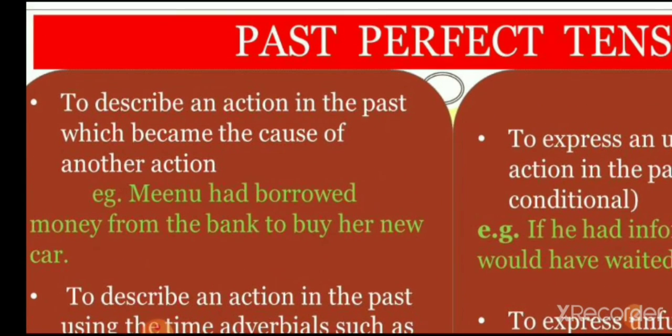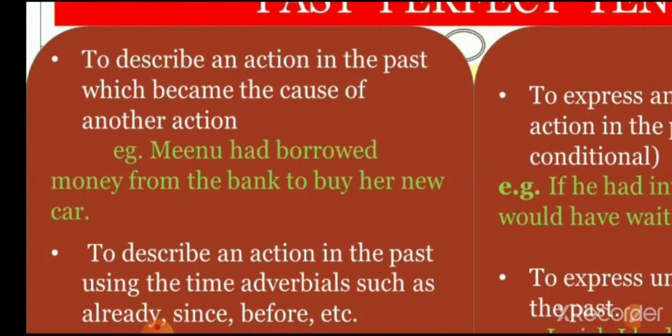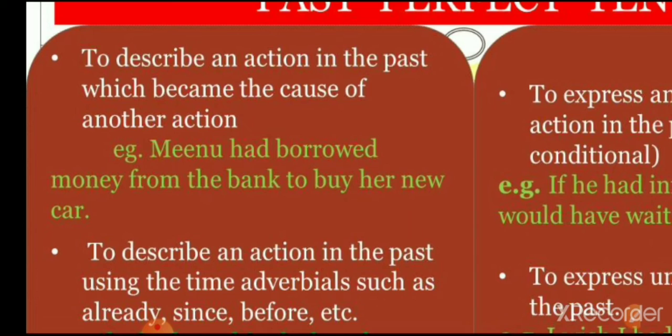And past perfect tense is used to describe an action in the past which became the cause of another action. So, for example, Meenu had borrowed money from the bank to buy her new car. So, in order to buy a new car, Meenu had borrowed money.